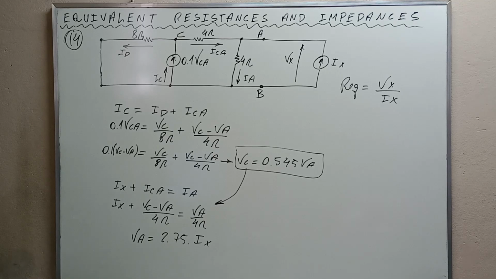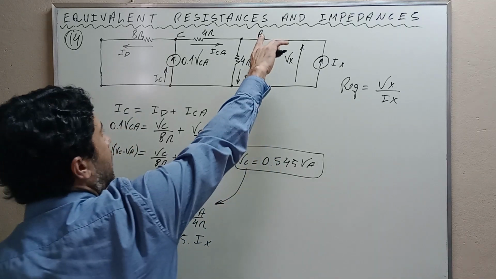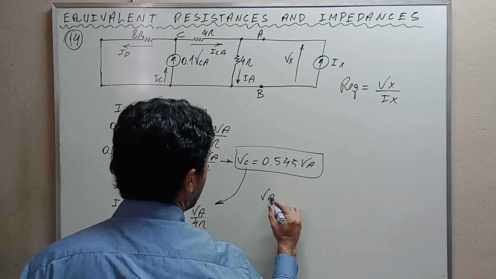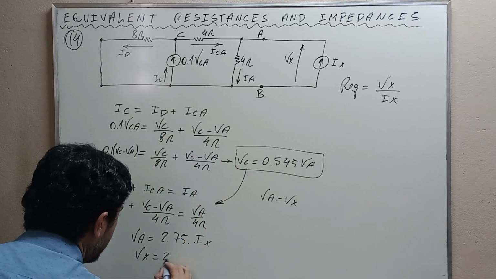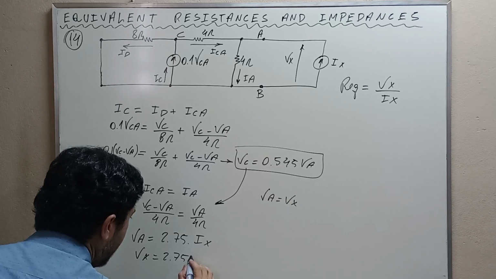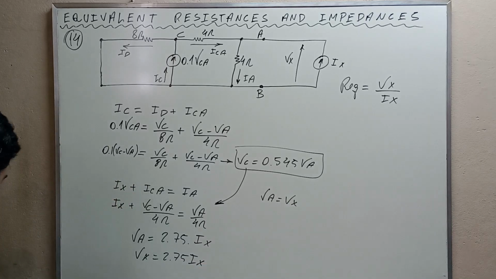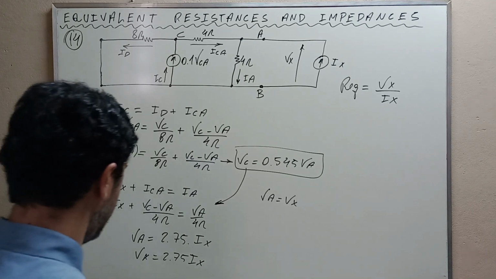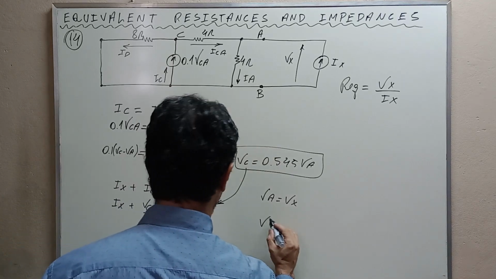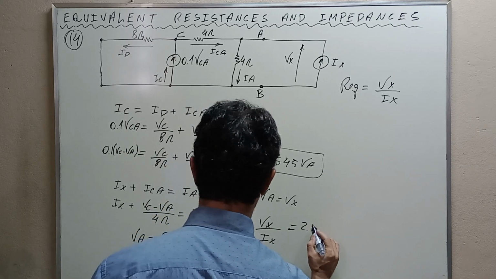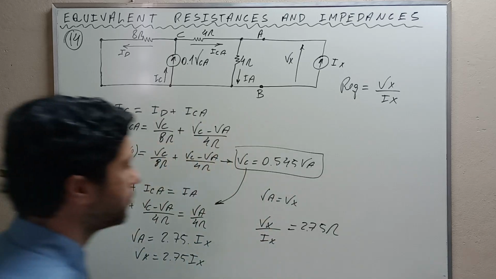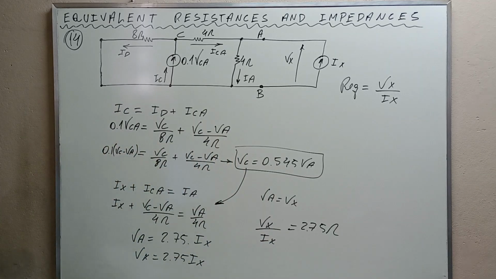And since VA is equal to Vx, observe here that the voltage VA is equal to Vx. Vx is equal to 2.75 times Ix. Consequently, Vx divided by Ix is equal to 2.75 ohms. And this is the solution of the exercise.